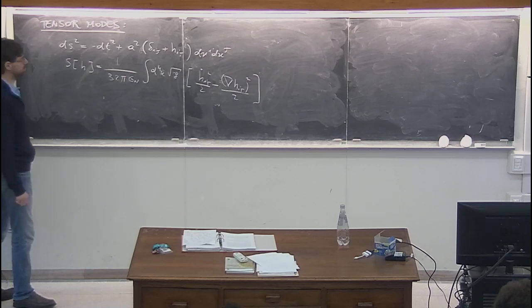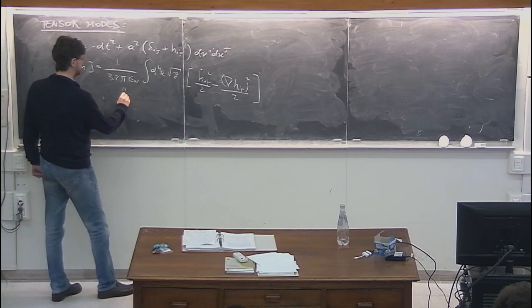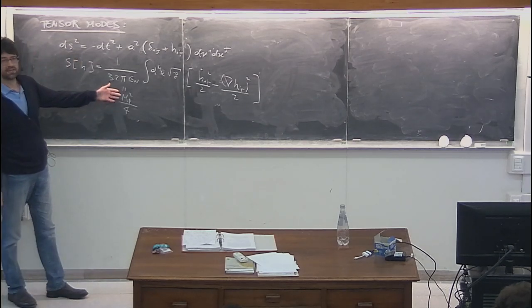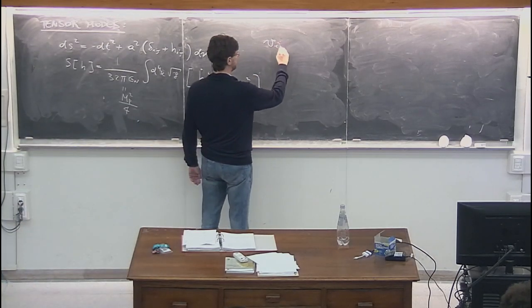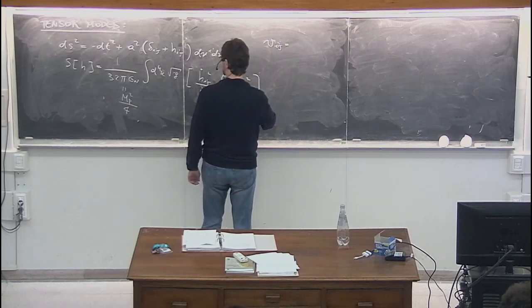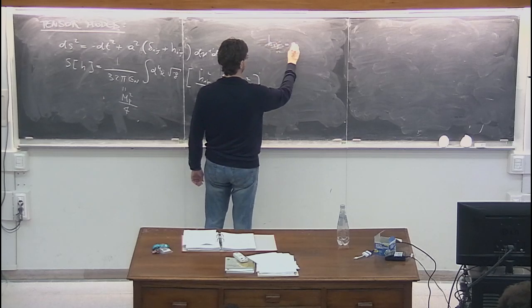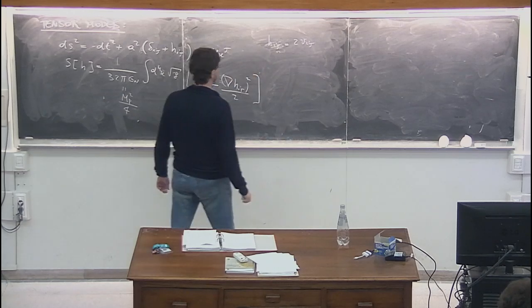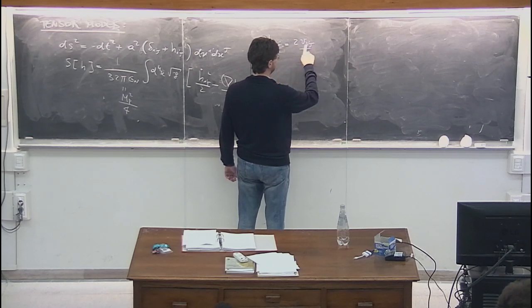All right, so you see here I have this factor, which I can rewrite as M_Planck squared divided by 4, using my definition of M_Planck. So of course, I have to canonically normalize the field. I can introduce some other field, v_ij, which is now canonically normalized, defined by saying that h_ij is equal to 2 times v_ij divided by M_Planck. Okay, so now this v_ij has dimension 1.